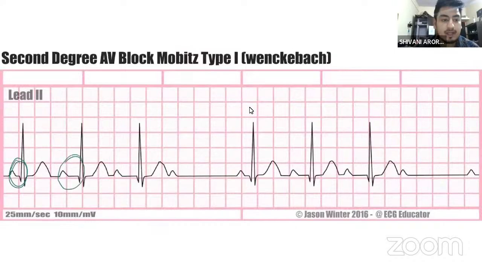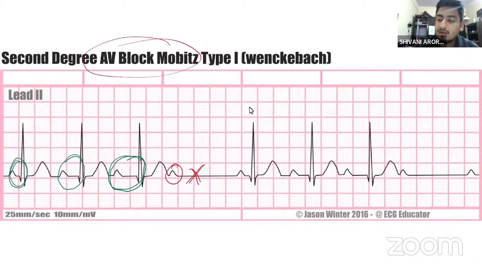Then we have this second PR interval, which is longer than the previous one. Then we have this PR interval, which is even longer than the previous one. And then we have this P wave and no QRS here. And again, the cycle repeats. So this is second degree AV block Mobitz type 1, which is also known as Wenckebach phenomenon or group beating.